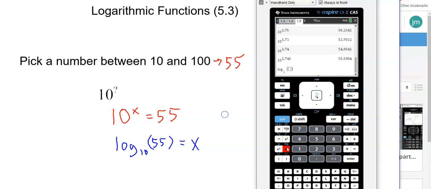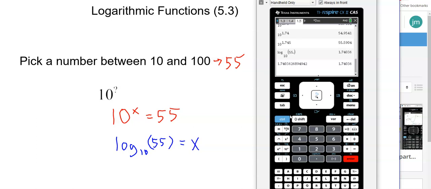So log base 10 of 55. I'm going to put a decimal in there because I want a decimal answer, is 1.74036. Remember, we have trouble getting that. I knew it was 1.74. In fact, you could see more digits if you mouse up and press enter. But still, the exact value of that x value would be log base 10 of 55. So that's the exact value.